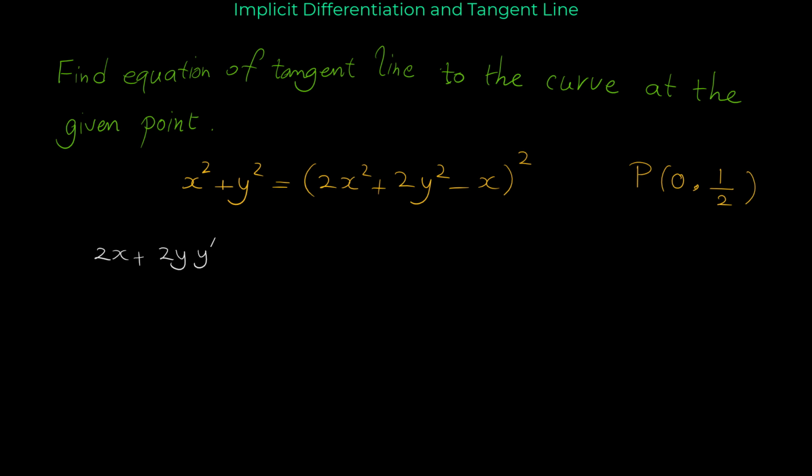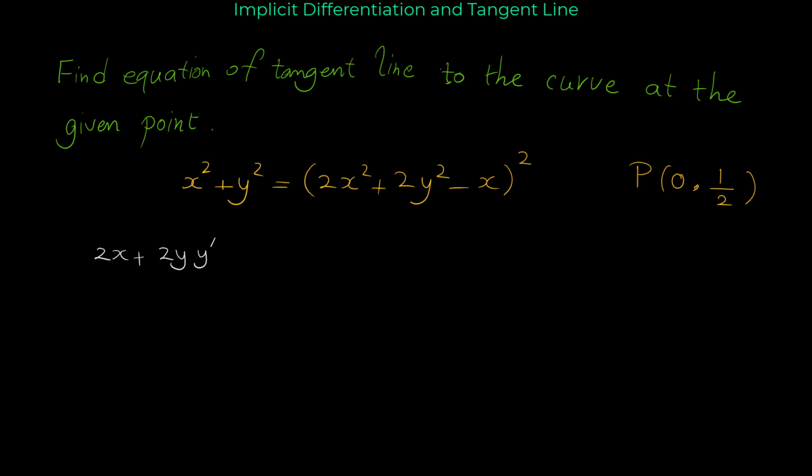The derivative of x^2 is 2x. The derivative of y^2 is 2y. But because y is a function of x, in its derivative we have to multiply by the derivative of the inside. And because y is a function of x, the derivative of the inside is y prime.